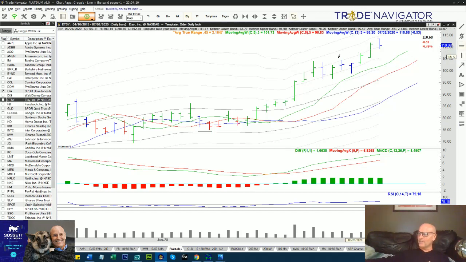Now you say, Greg, didn't he just take another fractal here? He did, but it's because he already had a winning trade. He's not going to start off with a fractal this high. Here, you see how all of the moving averages are intertwined? That's when the alligator's sleeping. You want to trade fractals while the alligator's sleeping.